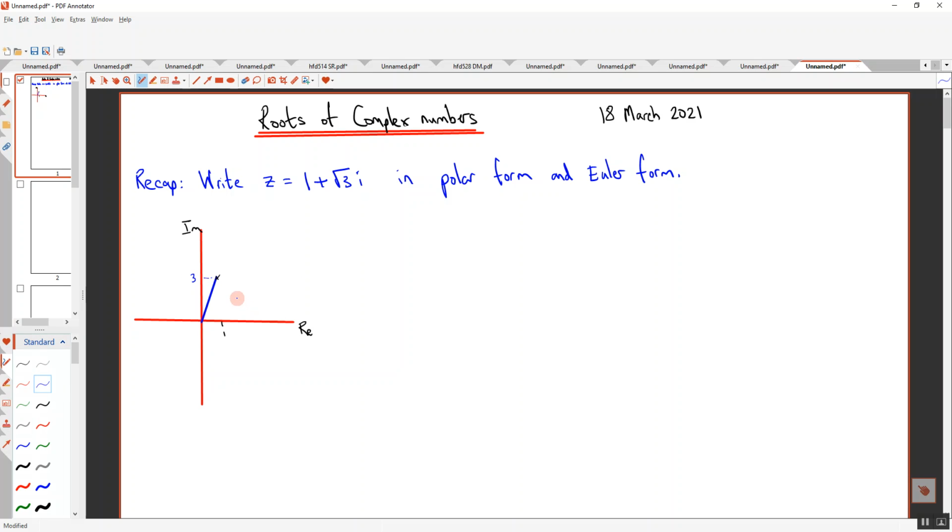Okay, and to put it into polar form, polar form, remember, is this form, so you've got r times cos theta plus I sine theta. And r is the magnitude. Yep. And theta is just the angle between the x-axis and the line.